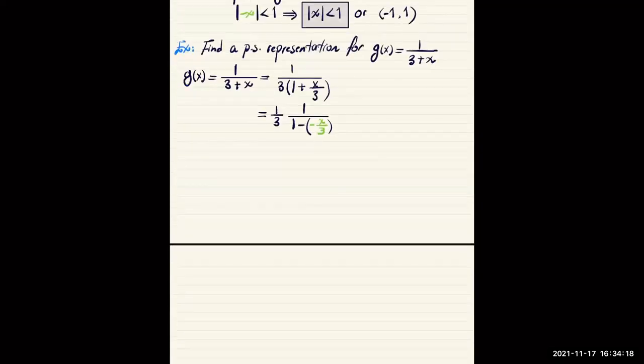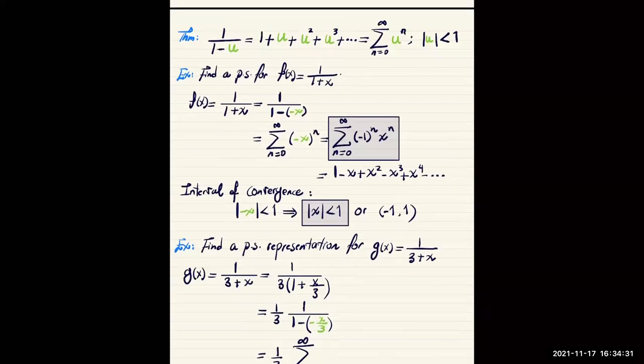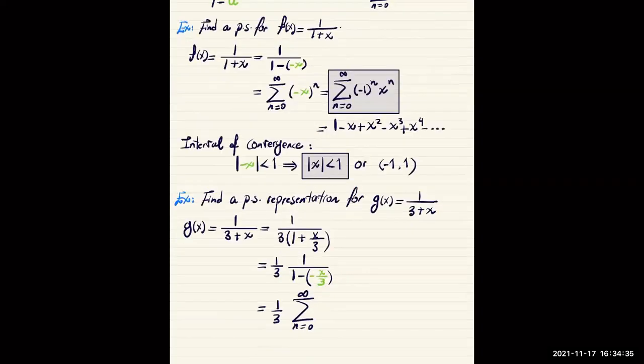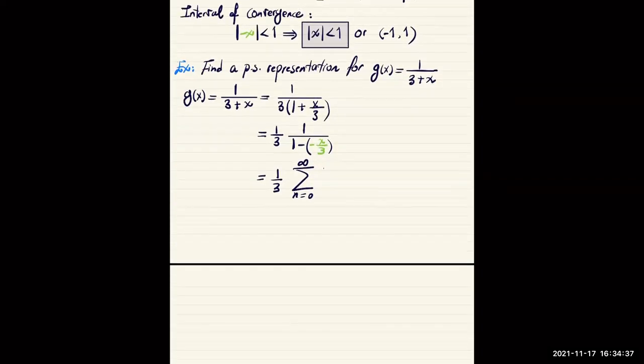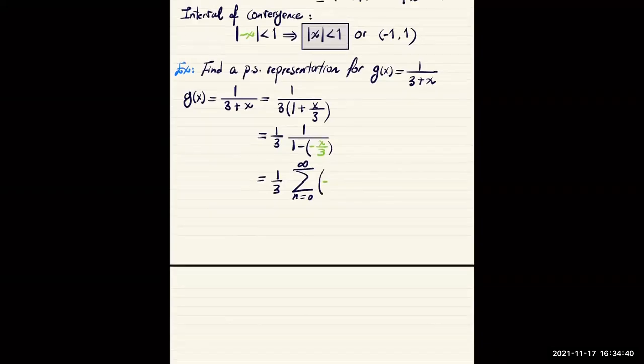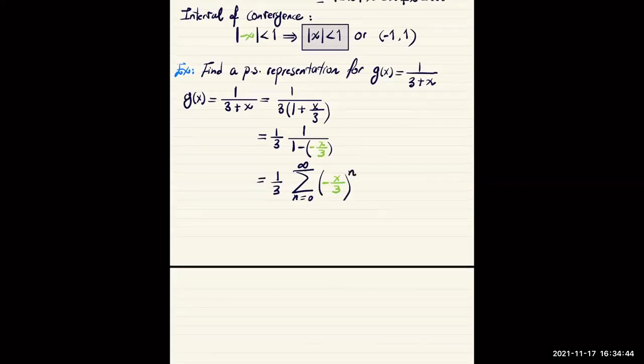So write that as a power series. Now we have 1/3 times the summation, n goes from 0 to infinity of, again, put that here for you. All right, and we're pretty much done.